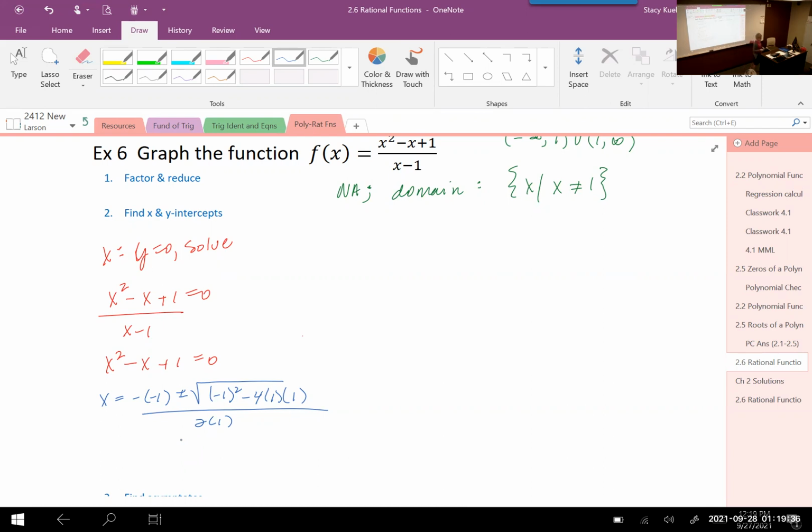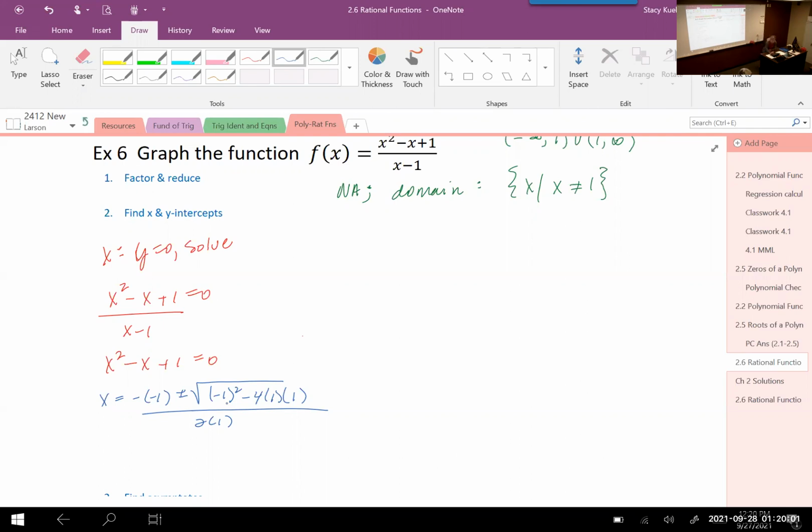So 1 minus 4 is positive or negative? Look in here. 1 minus 4 is positive or negative. So this is an imaginary number, right? This is not going to give me anything that crosses the x-axis, is it? No, because it's imaginary.